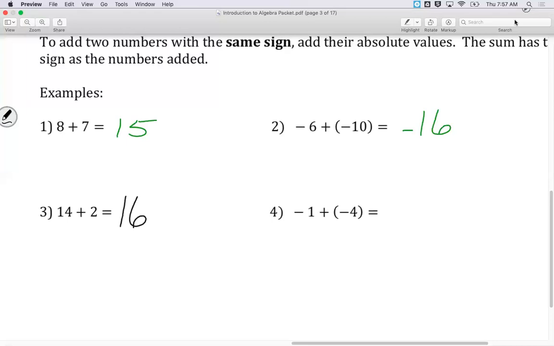What about -1 plus -4? Mrs. Potts, if you borrowed $1 from me and then you borrowed $4 from me, how much money did you borrow from me? I borrowed $5. And borrowing's not good, so it would be -5. See how easy that is? All right, any questions on these?